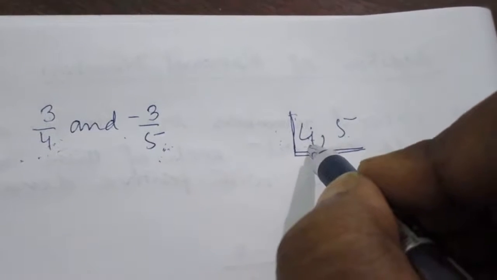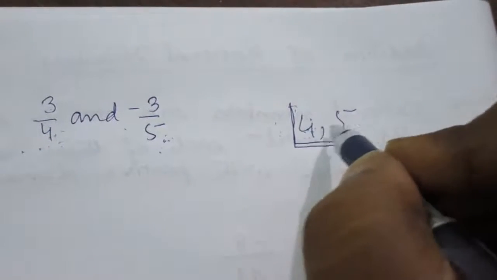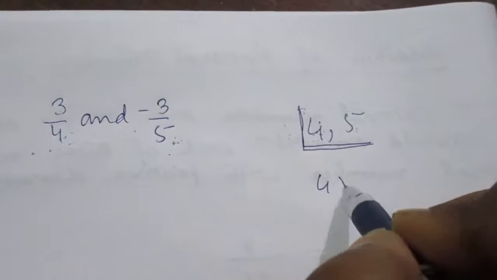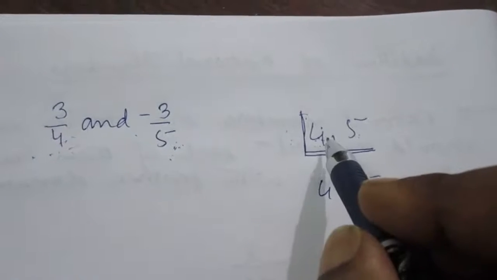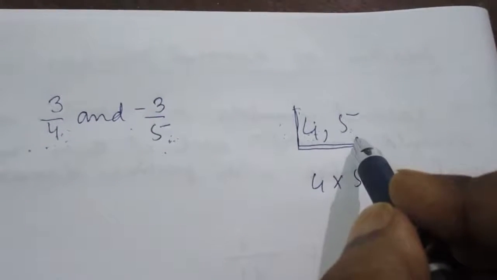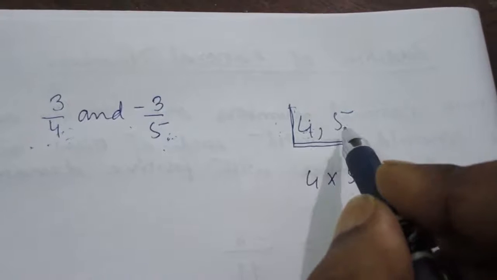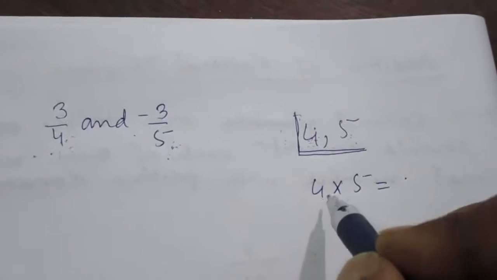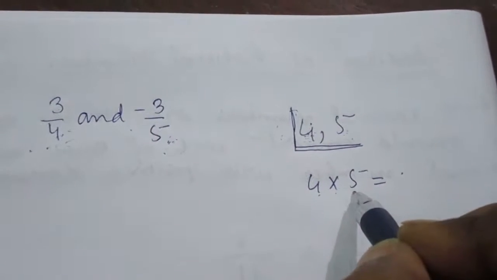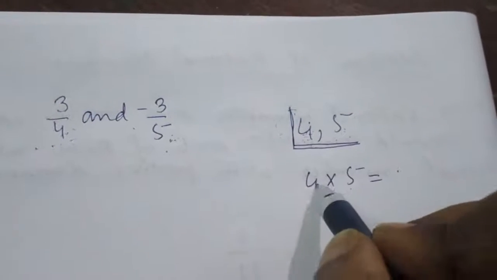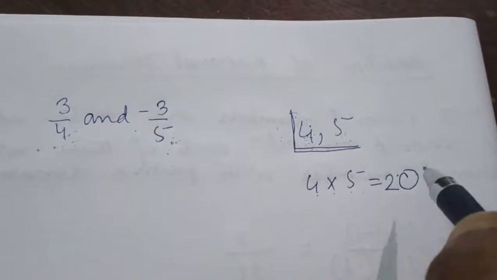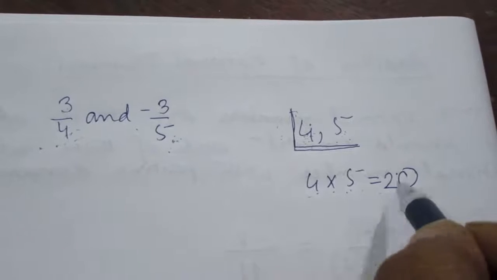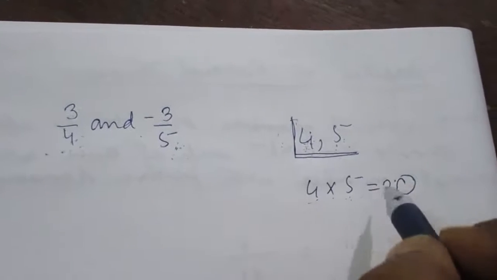We have to multiply these two numbers, 4 and 5. The LCM of 4 and 5 is 4 into 5, which is 20.